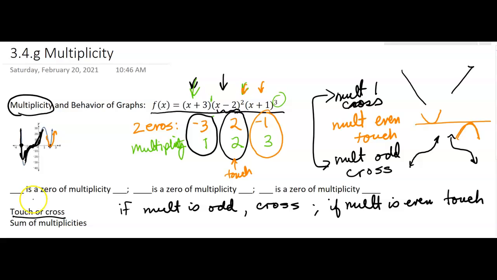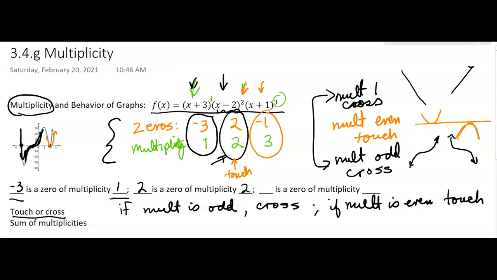The wording. So they say blank is a zero of multiplicity blank. So in our example right here, we would say negative 3 is a zero of multiplicity 1. The next one, 2 is a zero of multiplicity 2.